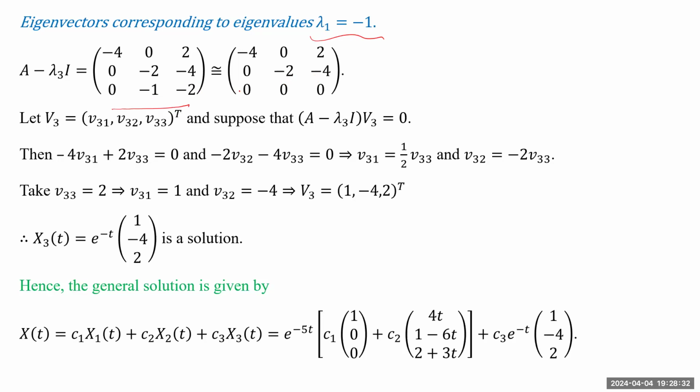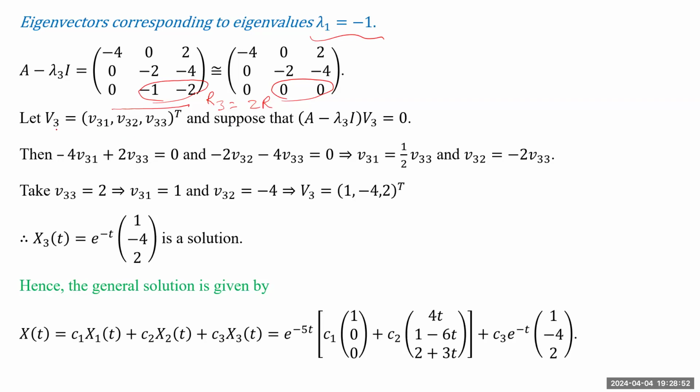See here, row 3 is equal to 2 times row 2, so we can easily make the last row 0. So totally this is your matrix.